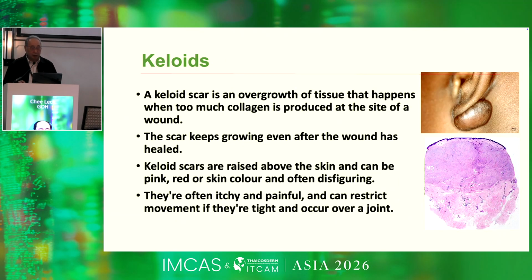And keloid, as you know, is a form of hypertrophic scar that grows beyond the margin and proliferates outside the margin of the injury. And if you think very carefully, it's like cancer basically, except that this cancer is confined to only a very localized area. And maybe we should treat it in such a way too, with some cytotoxic drug like 5-FU, but we have always treated them with intralesional Kenacort injections.